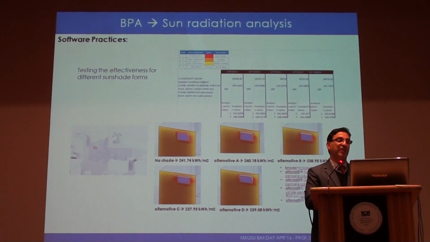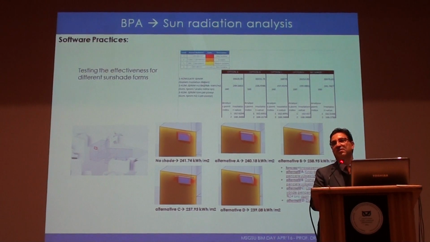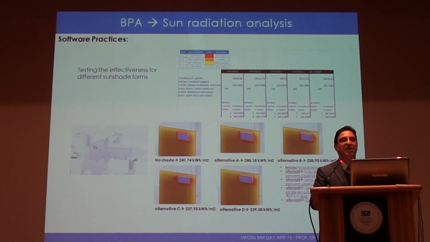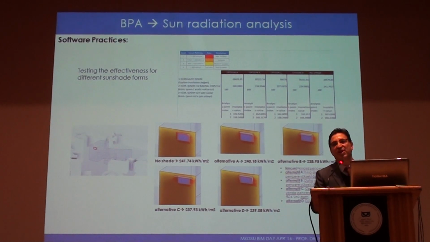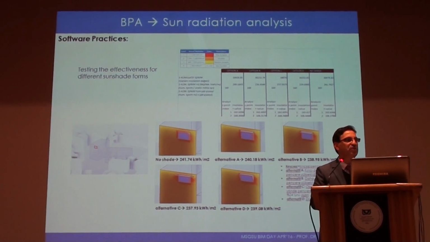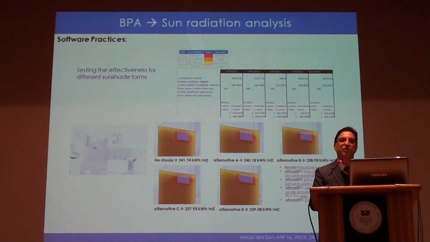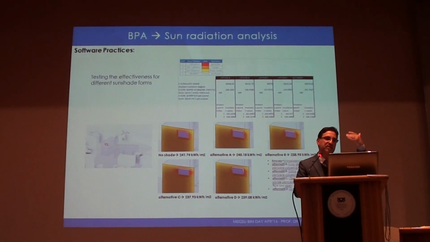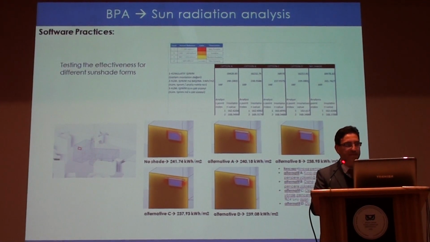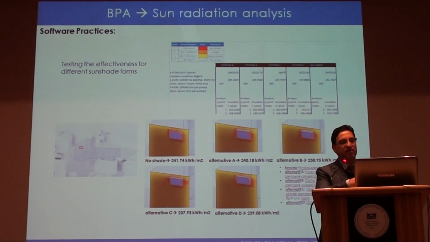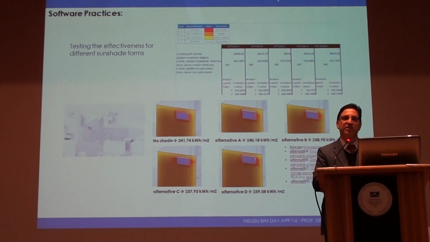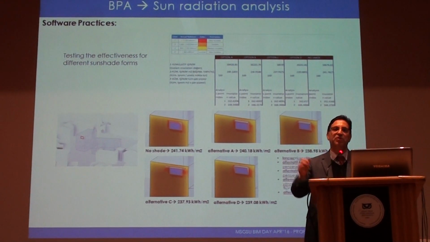In this one, a very basic example, we experimented with different profiles of sun shading devices just to see which one is going to cool the most the wall that it is placed on. So we have done all different types of alternatives in this course and came up with different solutions.